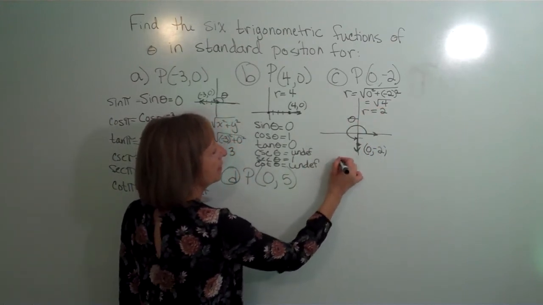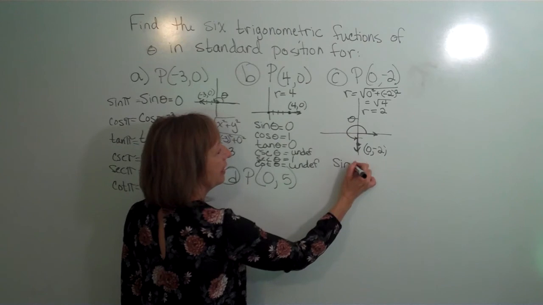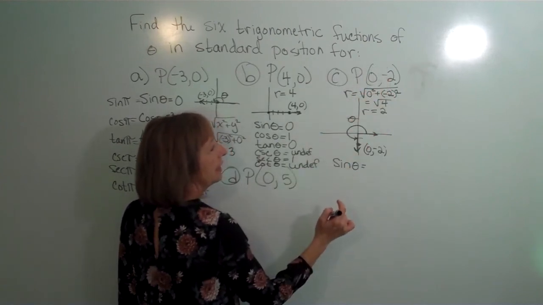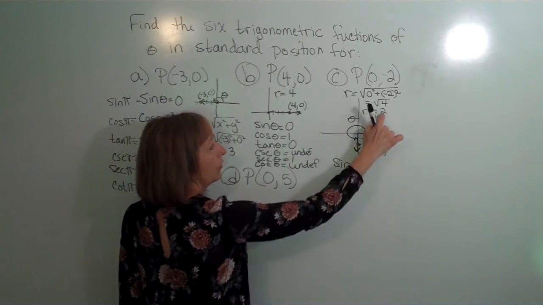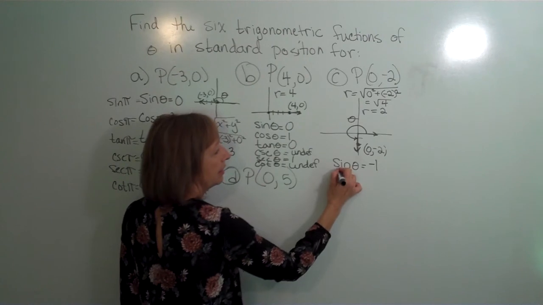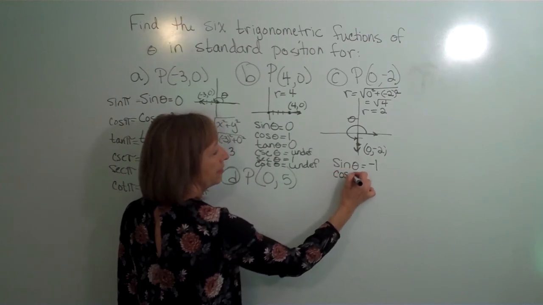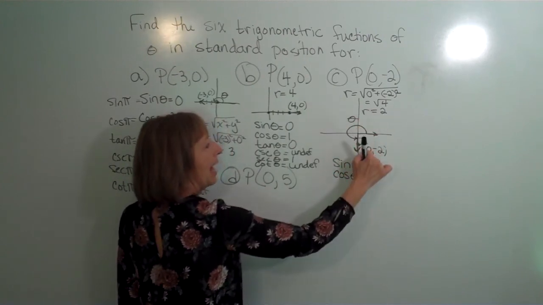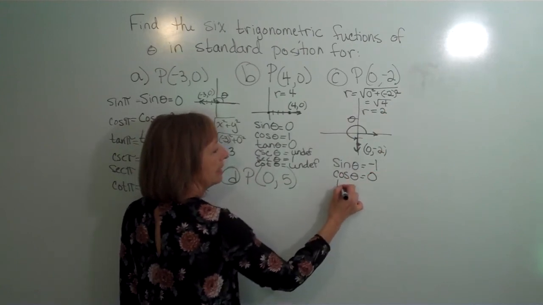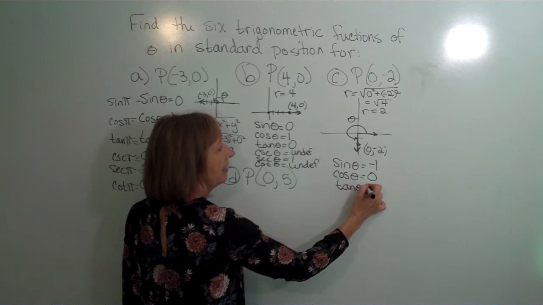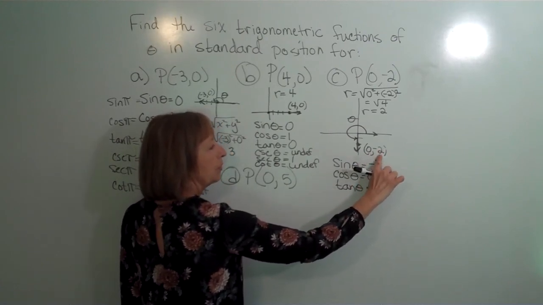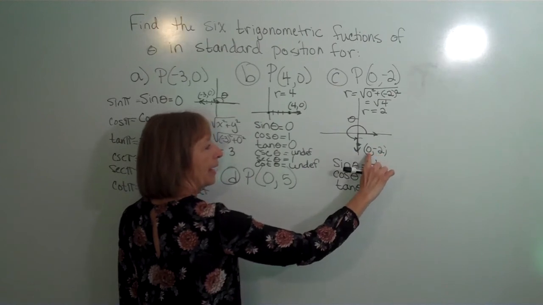So then I have the sine of theta for my point being 0, -2 is the y coordinate over r. So that's -2 divided by 2 is -1. The cosine of theta is my x over r. So that'll be 0. The tangent of theta is y over x. And so that's going to be a non-zero number divided by 0.